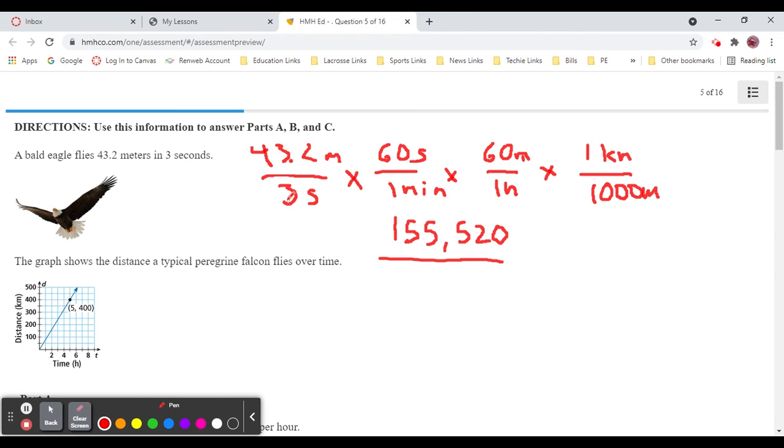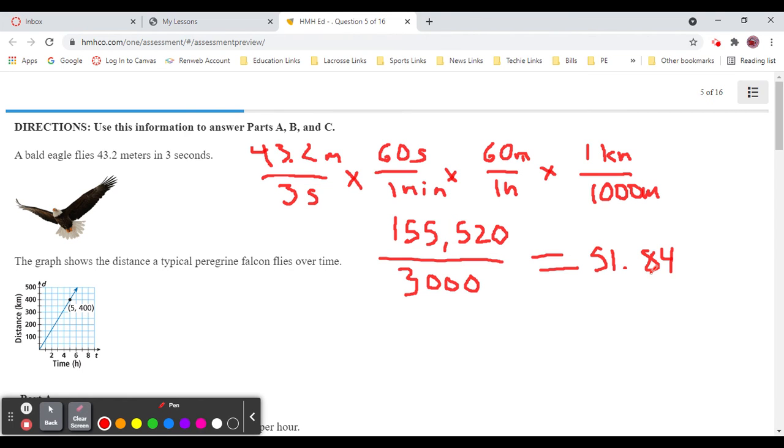Now I'm going to multiply the numbers on the bottom: 3, 1, 1, and 1,000. 3 times 1 is 3, times 1 is 3, times 1,000 is 3,000. Now I'm going to divide: 155,520 divided by 3,000, and there I get 51.84.